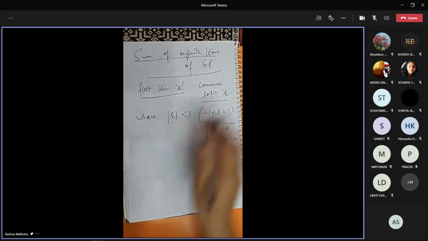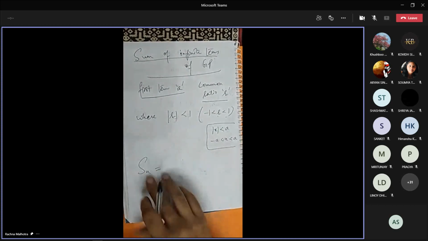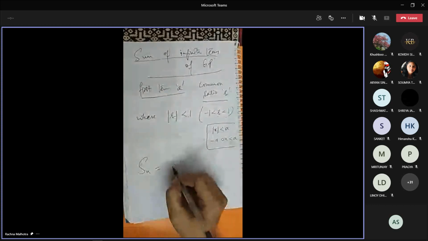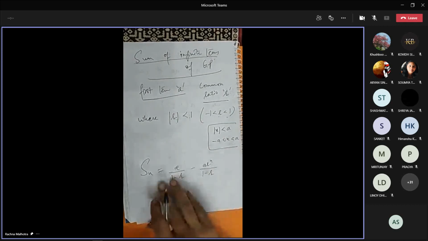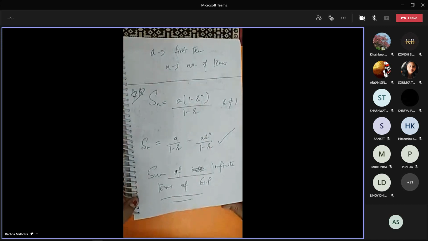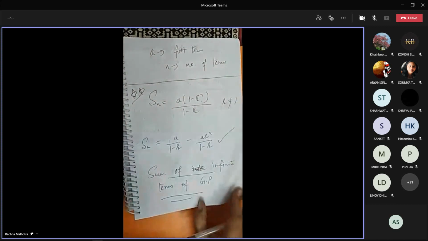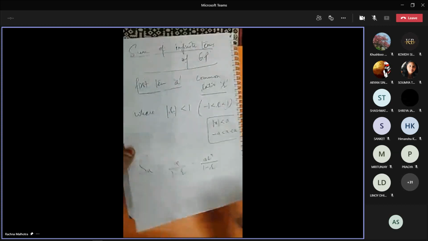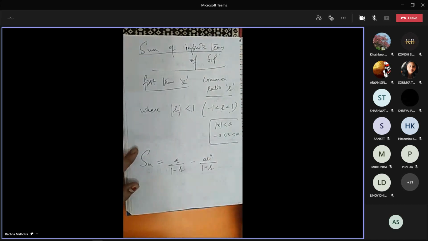Let us see how we can find the sum to infinite terms of GP. We know this formula, just described on the previous page: a by 1 minus r. You can see Sn can be written as a by 1 minus r times this, that is a r to the n.